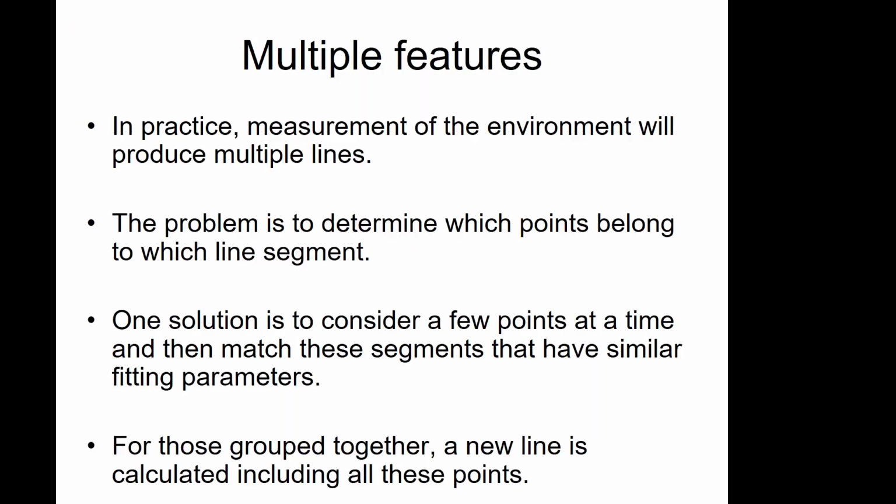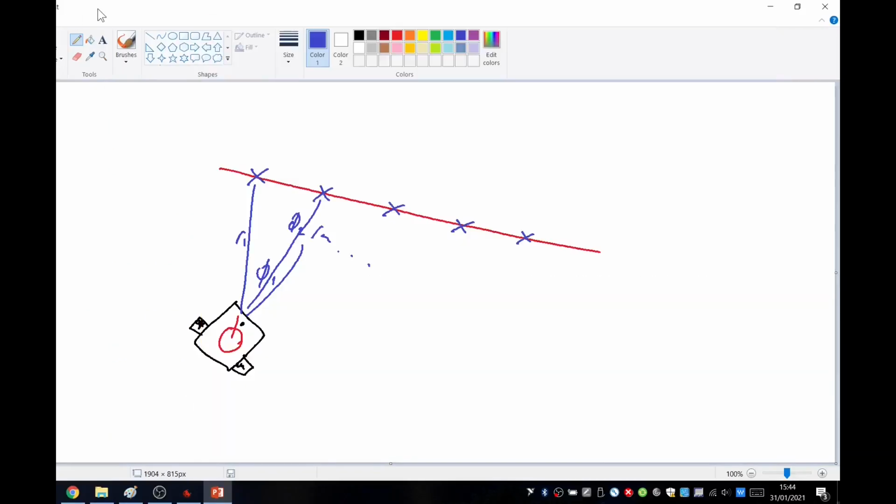Now what we'll do is we'll get multiple features. We'll take measurements in an environment and we'll potentially get the same features being measured and potentially different features being measured. So if I just escape that for a second, I will show you what I mean. So we go back to this scenario.